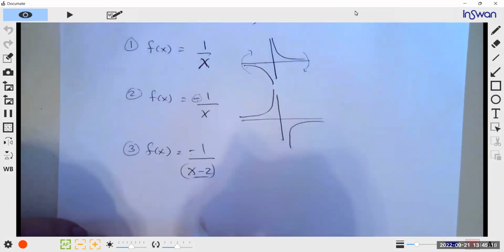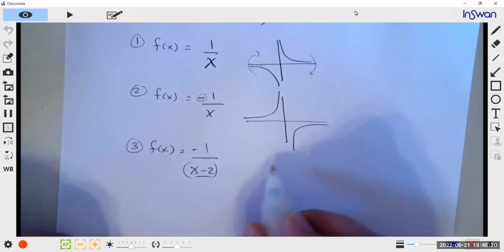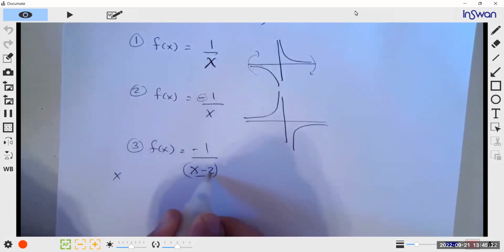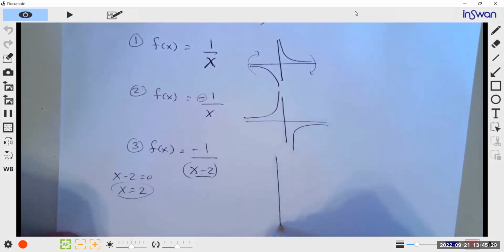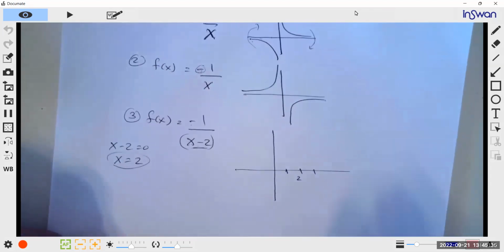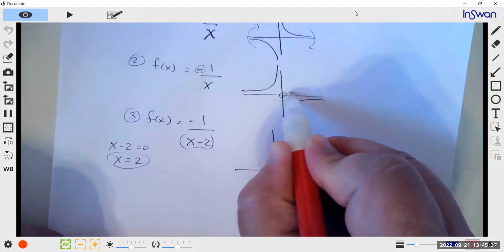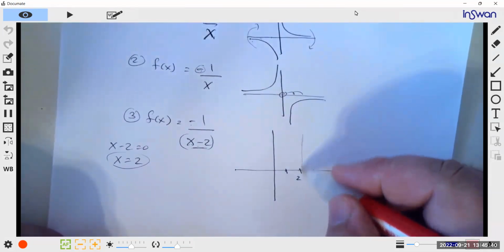Now we do the horizontal shift. We know it's going to be 2, but I'm going to set the inside equal to 0. So we know it shifts to the right 2 spaces. That means we take the origin and shift it to the right 2 spaces.